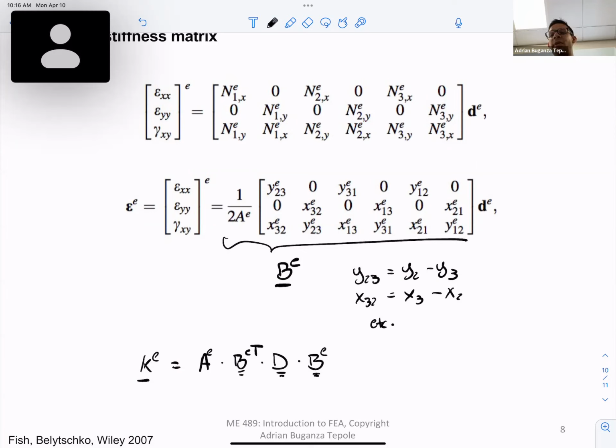I still have to define what this D matrix looks like. Anyone has the book here? The FE book. I don't remember off the top of my head, but it involves the Young's modulus and the Poisson ratio. So let me find that very quick.